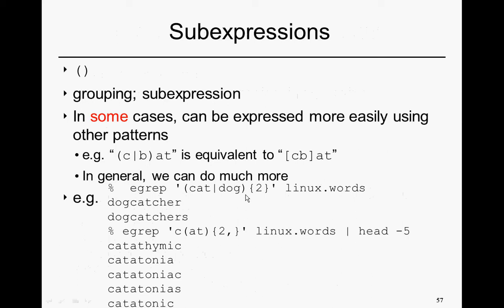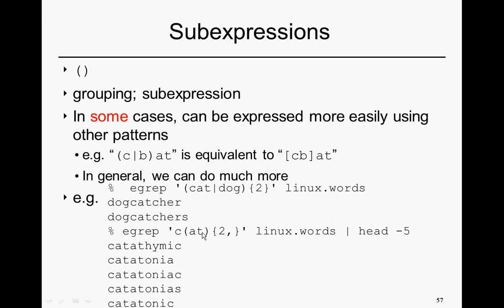So here, the fact that we group these things allows us to refer to them as a unit. Along the same lines, we match the single character C, and then we match the sequence AT at least two times. So we have cat, C, and then AT, but we may match that sequence AT more.